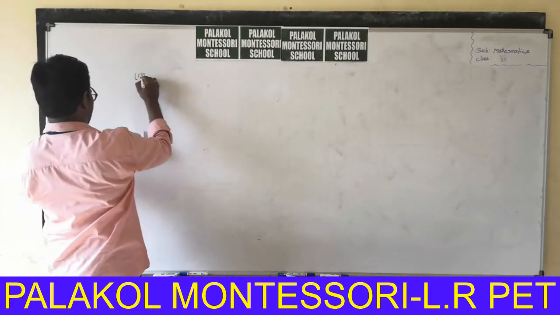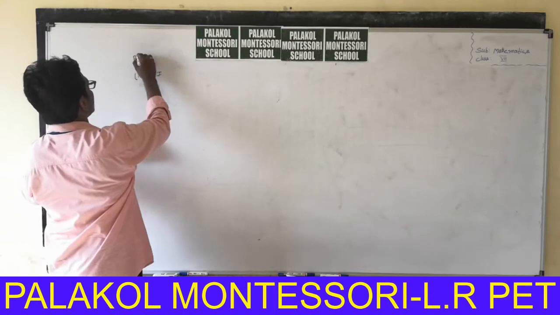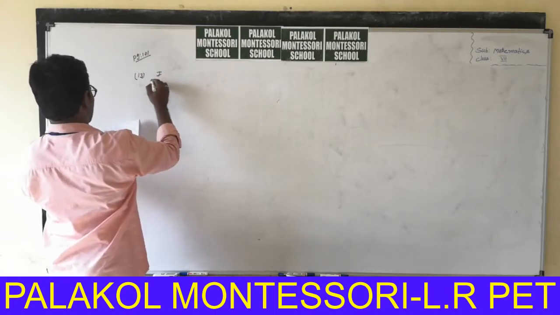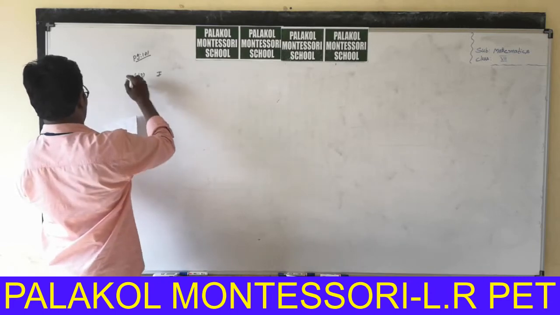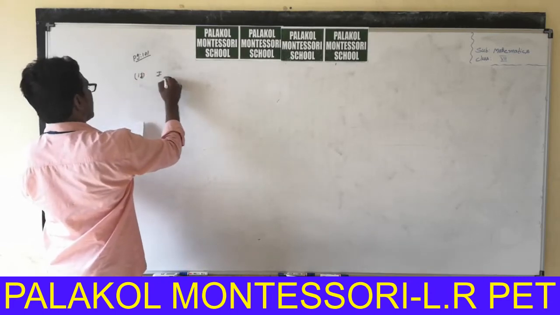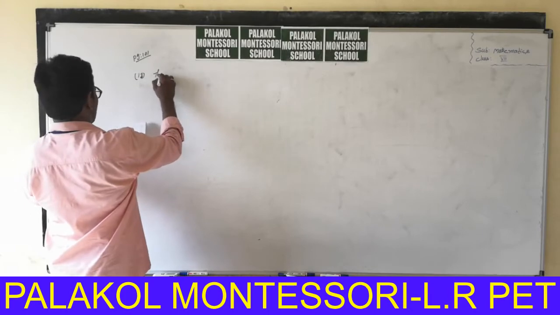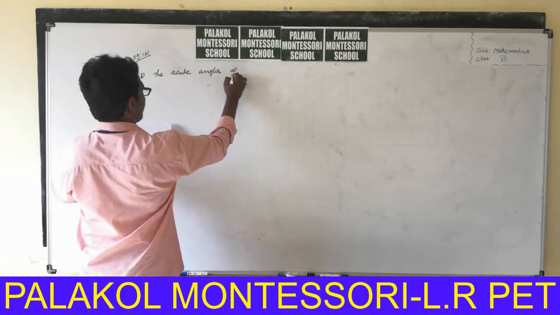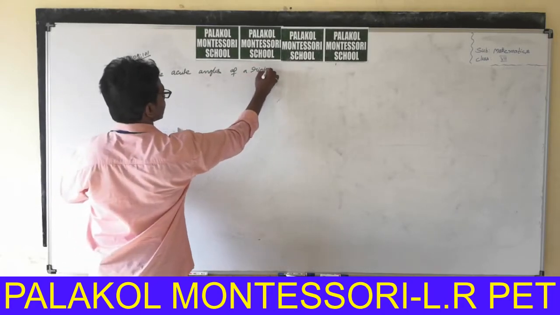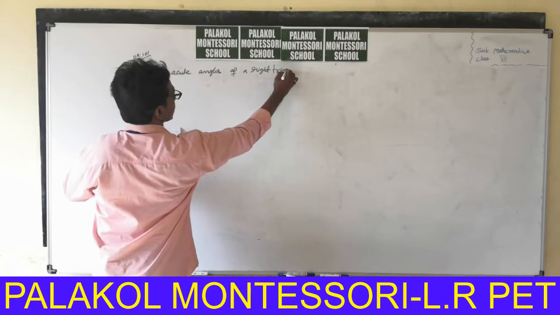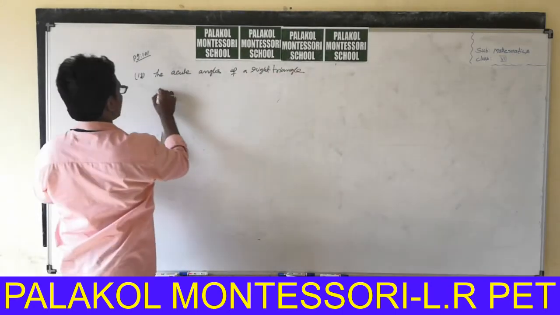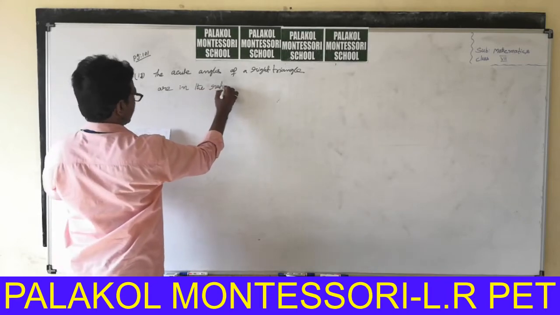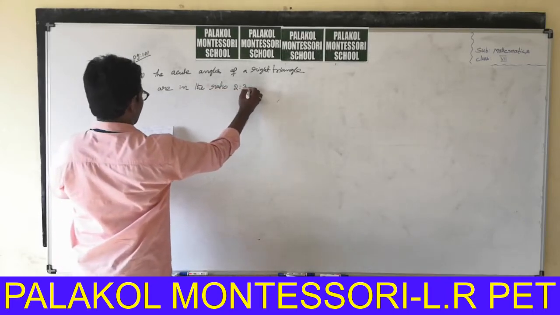Question number 11, page number 101. The acute angles of a right triangle are in the ratio 2:3.